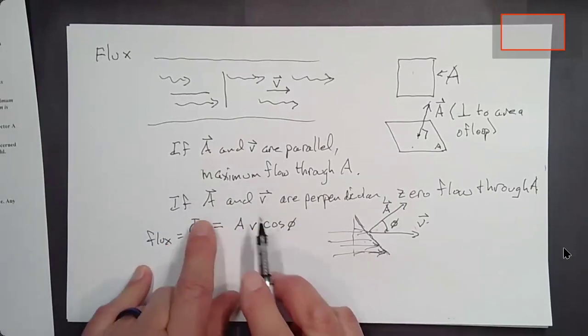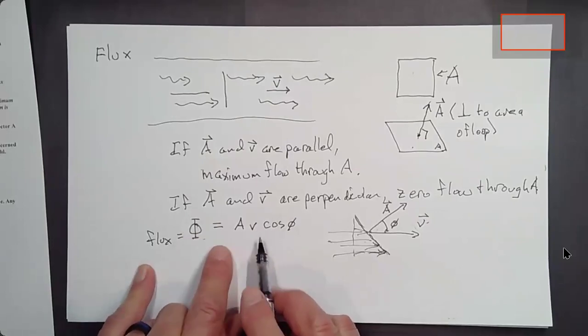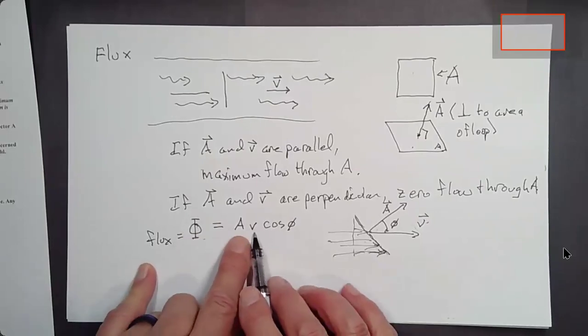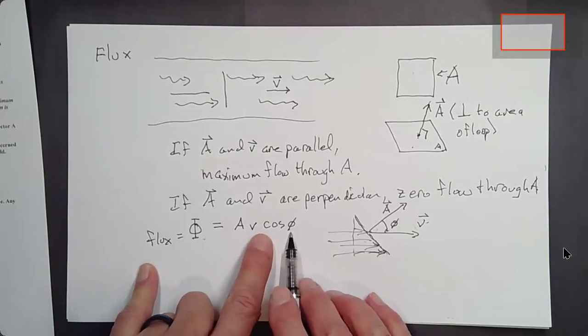Well, A and V are vectors, and this is the magnitude of A, that's the magnitude of V, cosine of the angle between them, that's the dot product.